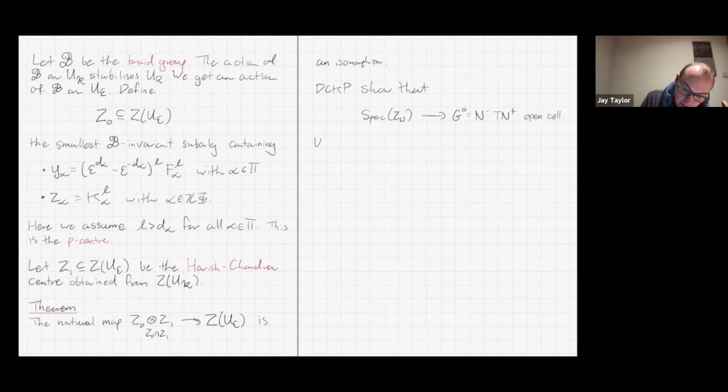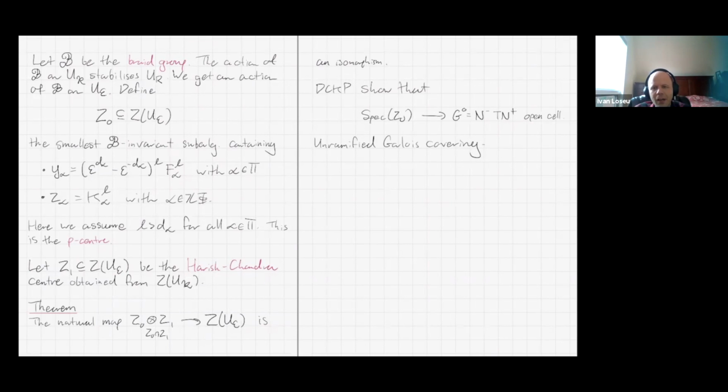So this is an unramified Galois covering of this open cell. So you can think of this center as being functions on this open cell. And I don't want to say more about this unless Ivan wants to say more. And the degree of the covering is 2 to the power rank.